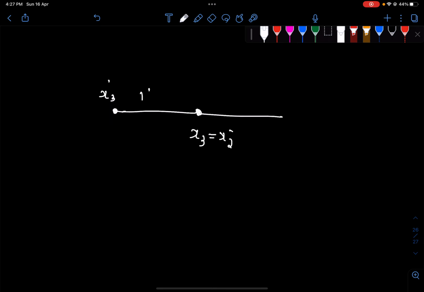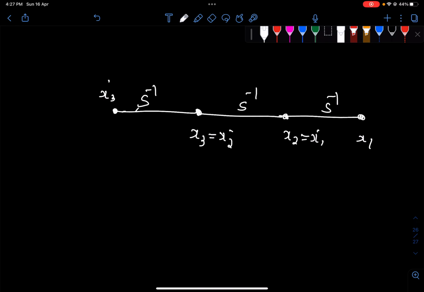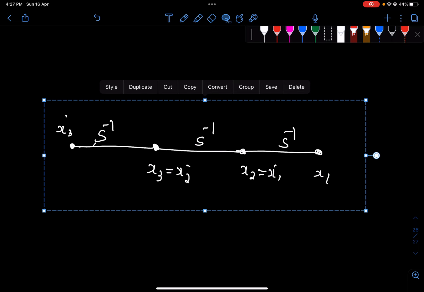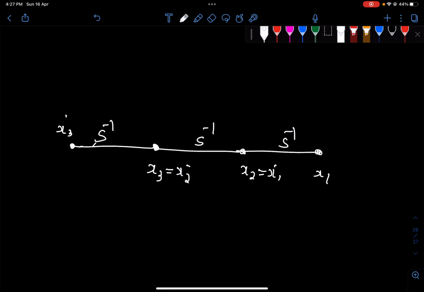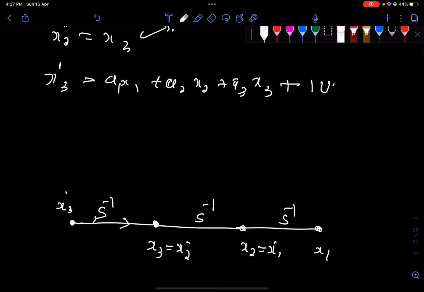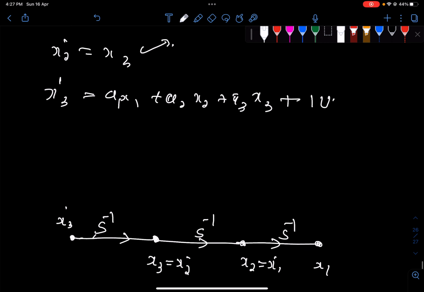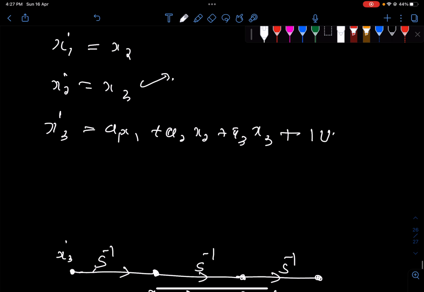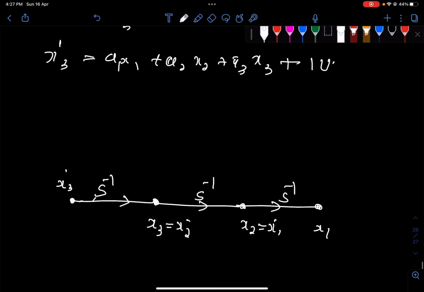This integration is denoted by s inverse. Then x3 is equal to x2 dot, and on integration it becomes x2. X2 is equal to x1 dot, and again under integration it is x1. Is it clear? You start from x3 dot and integrate to get x3, then x2, then x1.